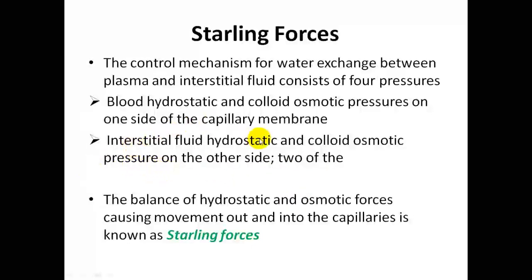So we have the interstitial hydrostatic and colloid osmotic pressures, and the blood or plasma hydrostatic and colloid osmotic pressures. The balance of these hydrostatic and osmotic pressures causes movement across the capillaries, and we call these factors Starling forces.